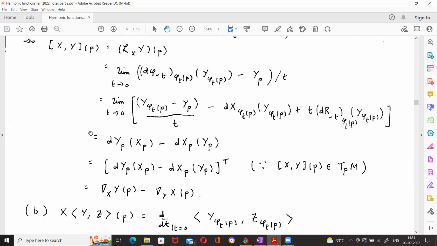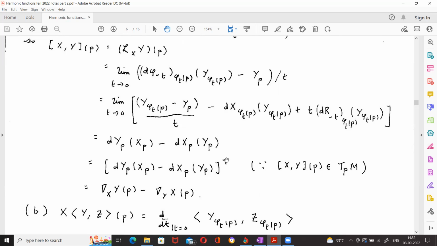All right, so the bracket is equal to dy at p applied to x at p, minus dx at p applied to y at p. But note that the bracket belongs to T_pM, right? The bracket of two vector fields tangent to M is also tangent to M. By definition, the bracket is a vector field on M, so it's tangent to M. So this vector here is equal to its tangential component.